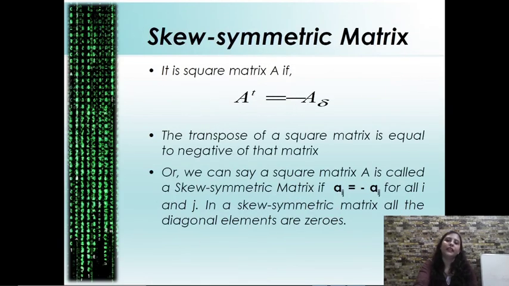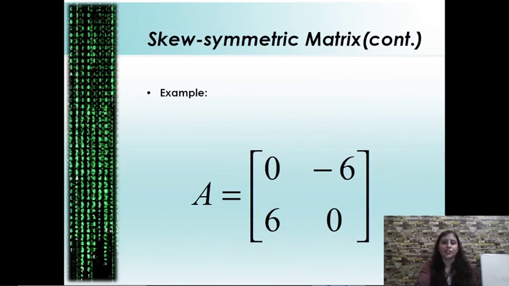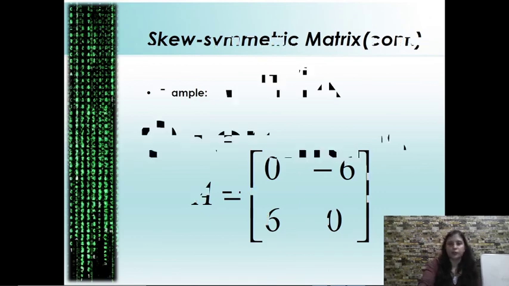Here we will have aij equal to minus aji. Also, in a skew symmetric matrix, the principal diagonal will be 0. So please see here, the second element of the first row is minus 6. The first element of the second row is plus 6. So here a12 is equal to minus a21. Right? So this is the property of a skew symmetric matrix.